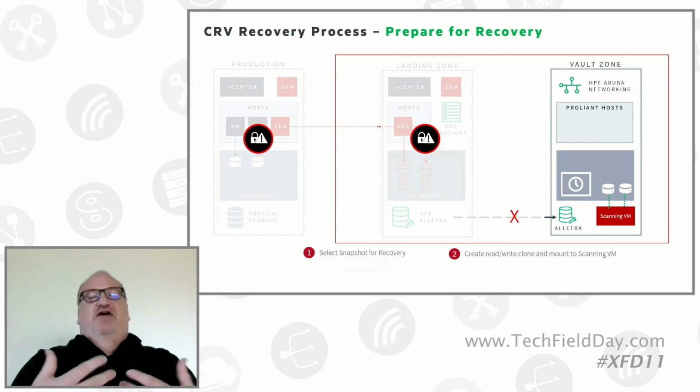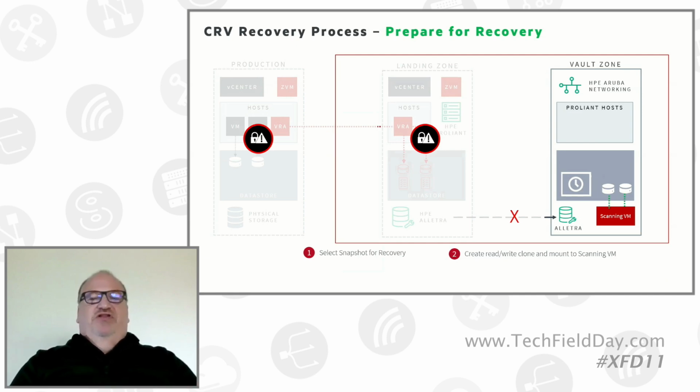Most often when we talk to organizations, they have the scanning tools they want to use that they've had faith in, they're trained up on, they've invested in. The core thing here is that tool needs to be able to scan Linux-based file systems. Because when we storage replicate that data from the landing zone to the vault zone, we're simply taking the VMware environment, the ESX file system, VMware file system, and that is what we replicate into the vault, and we keep it in that format.